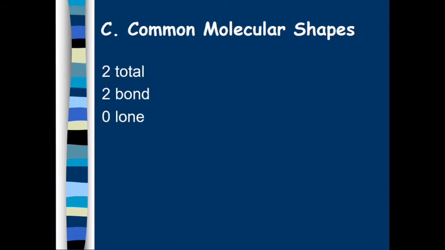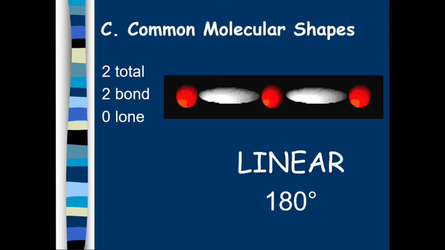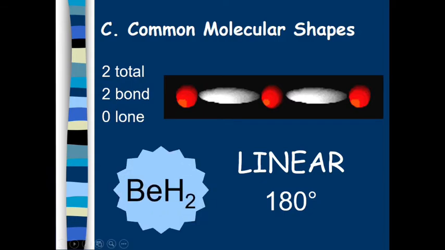So the first shape that we have, there are 2 total pairs of electrons. Both pairs are bonding, and this is a linear molecule, bond angle of 180 degrees, and an example is BeH2. I'm going to draw some quick Lewis structures just so that you can see this.